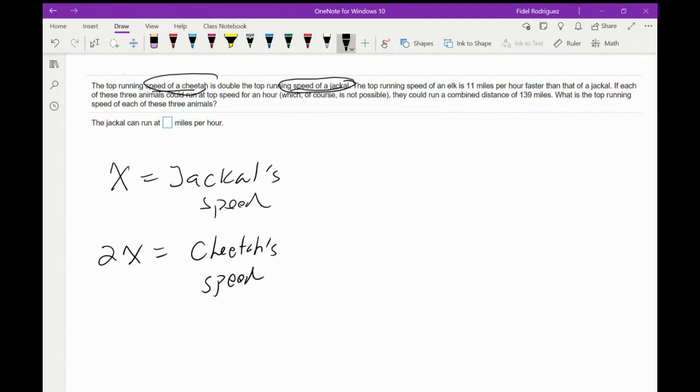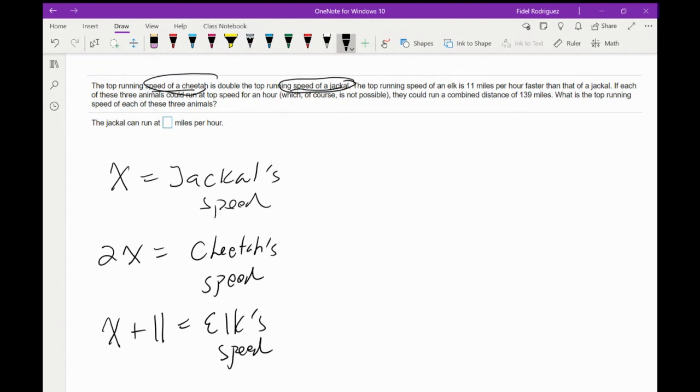So 2x is the cheetah speed. And then we have another animal. We have the elk. And it says the top running speed of an elk is 11 miles an hour faster than that of the jackal. So x plus 11 is the elk's speed. Okay. If each of these 3 animals could run at top speed for an hour, they can run a combined distance of 139 miles.